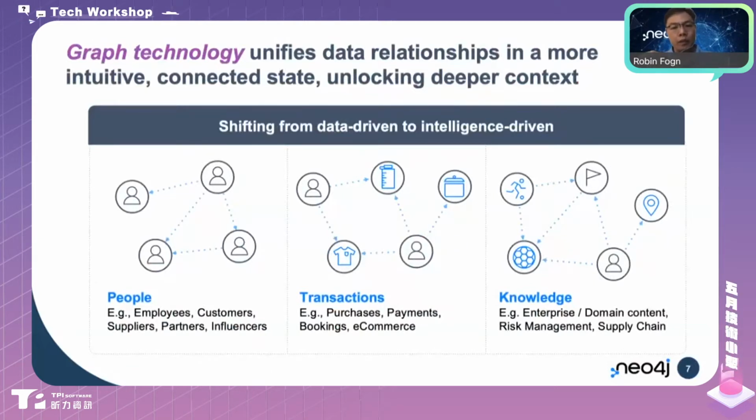When you want to start linking and connecting all these things together, this is where graph technology like Neo4j will be able to help you unlock that whole deeper context.